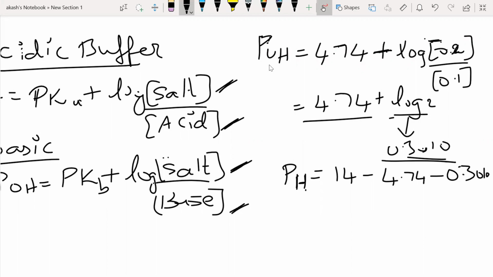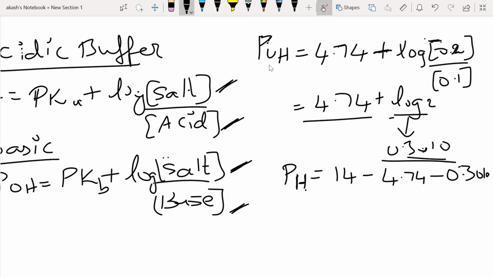Okay, I'll repeat the question. Find the amount of ammonium sulfate, (NH4)2SO4, which must be added to 500 ml of 0.2 M NH4OH solution to yield a solution of pH 9.26. And they've given one more thing, the pKb value of ammonium hydroxide NH4OH. pKb of NH4OH is 4.74.